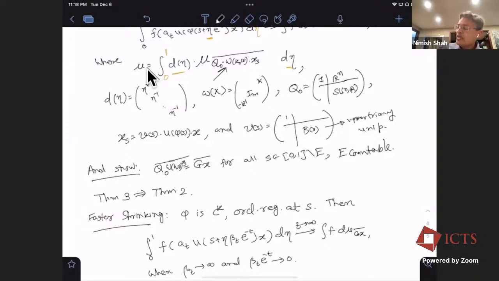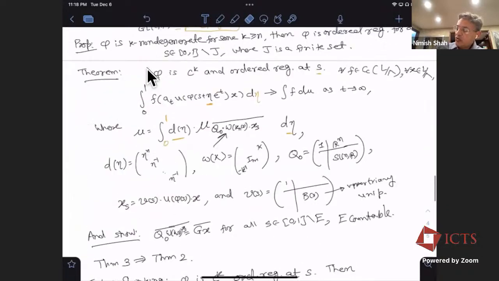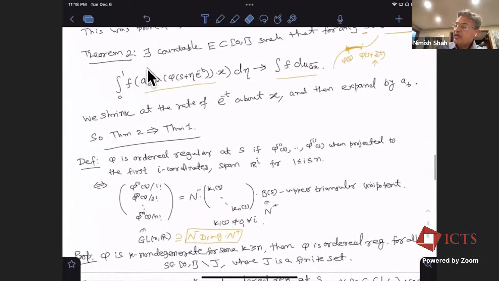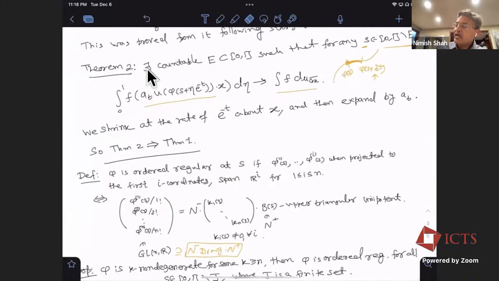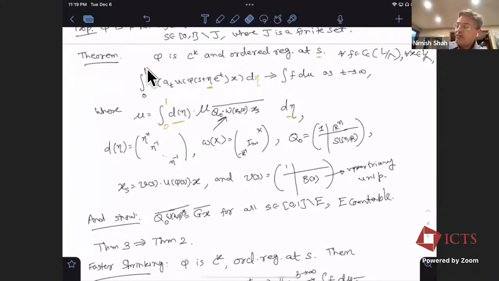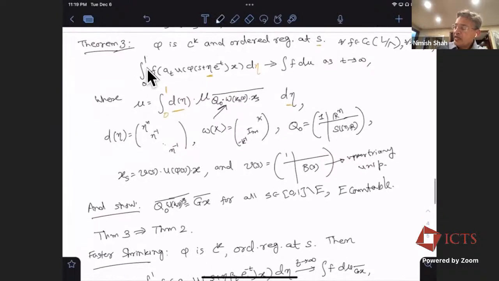This measure is really the invariant measure for all S outside a countable set. That means theorem 3 will imply theorem 2, because I have thrown away a countable set here. So really it is theorem 3 that we prove. That is the most important theorem here.